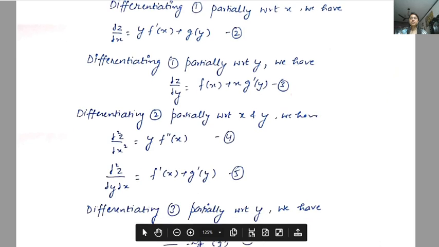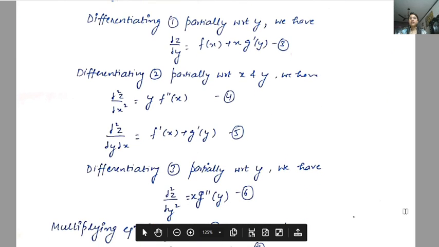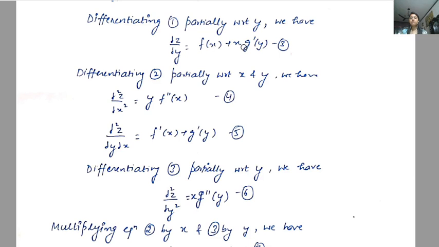Now, differentiating equation 3 partially with respect to y, we have ∂²z/∂y² equals derivative of f(x) is 0 with respect to y, and derivative of this term is x into g''(y).